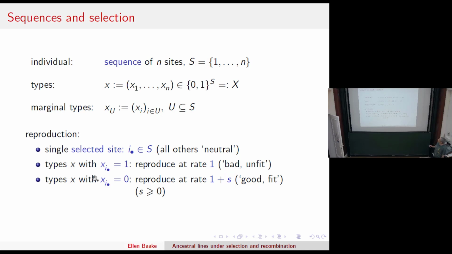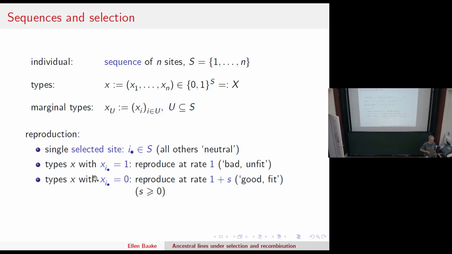And the sequence of all these letters, little x, is then the type of the individual, and the set of all possible types is the type space capital X. Now, we also need the marginal types. So for a subset U of S, X sub U is simply the subsequence corresponding to the sites in U.